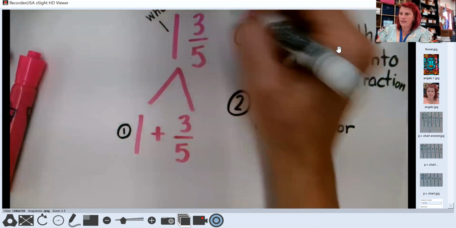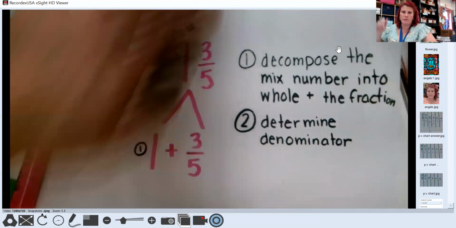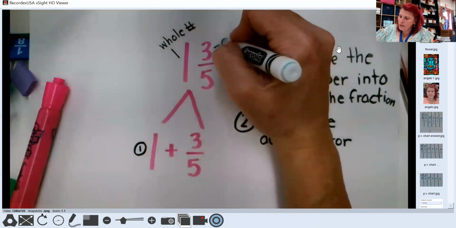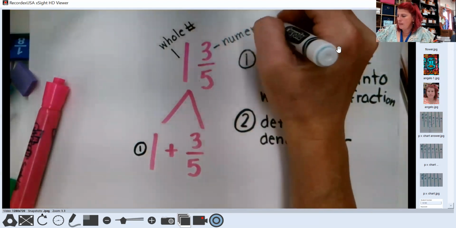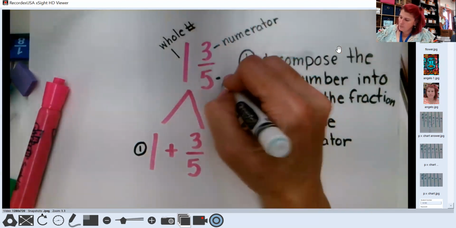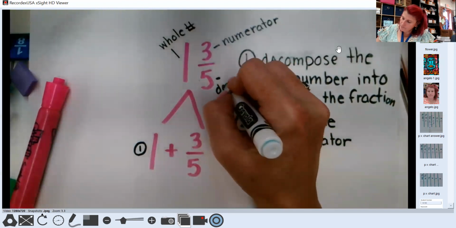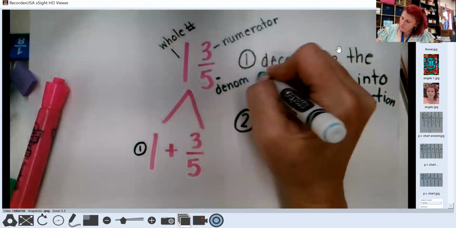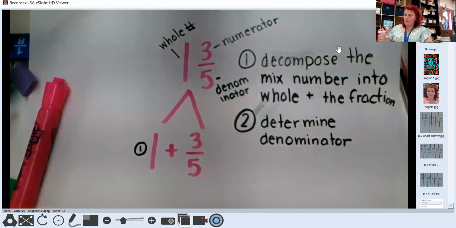I know this right here is my numerator, and this is my denominator. So I've determined my denominator, and that is the 5.